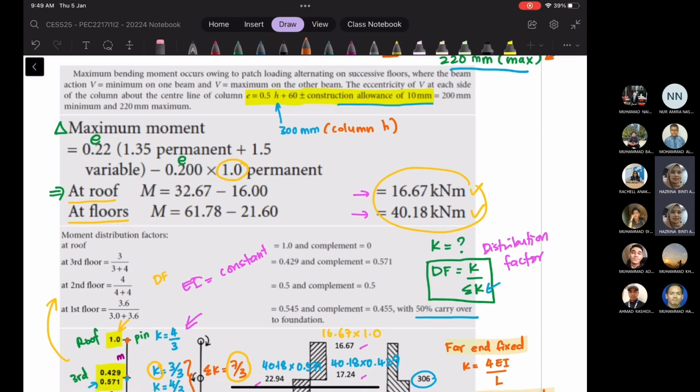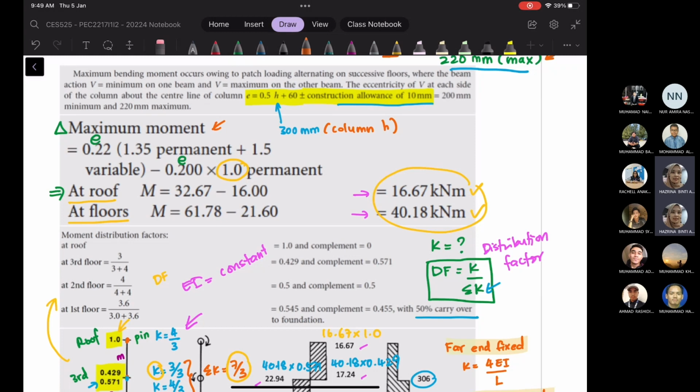The next step is to calculate the maximum moment. We have calculated the values of the permanent loadings, the maximum loads and also the minimum loadings, so we put them into the equation. The maximum moment is calculated here, and E will be 0.22.